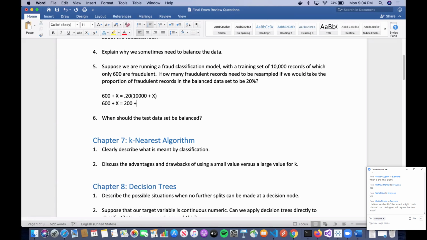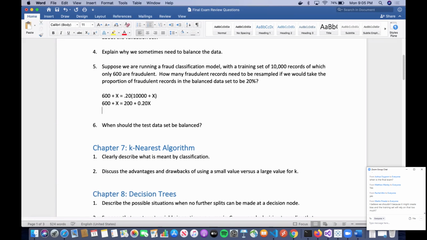So you just need to go ahead and complete that and then solve for x. The answer that you will get for x will be the number of records that we need to resample. And again, this question will be there actually. The numbers will be different too. You're not going to see the exact number here.